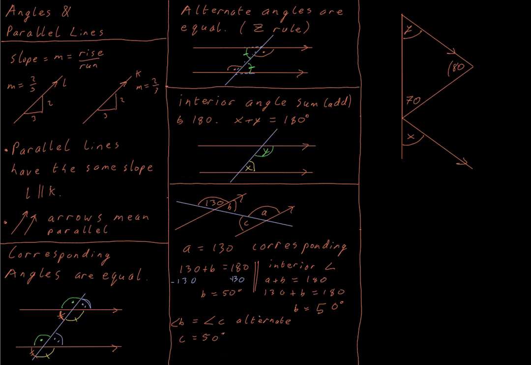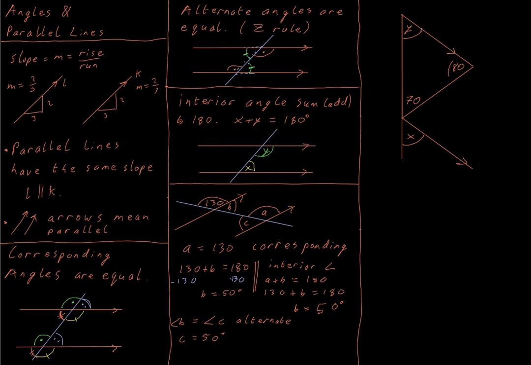So again, we can tell our story, and there are multiple ways that we can tell our story. And it's important that we are practicing those multiple ways and explaining each step. Why is this true? Because B is equal to C because they're alternate angles, and we're laying down that foundation for harder questions.